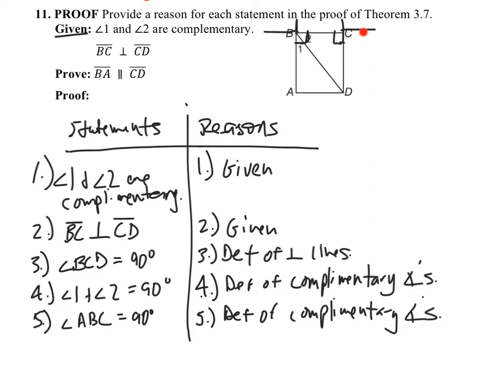If these two lines are parallel, then angle ABC added to angle BCD would have to equal 180 degrees, because these are same side interior angles. Because I know that these angles are both 90, I'm going to add them together.